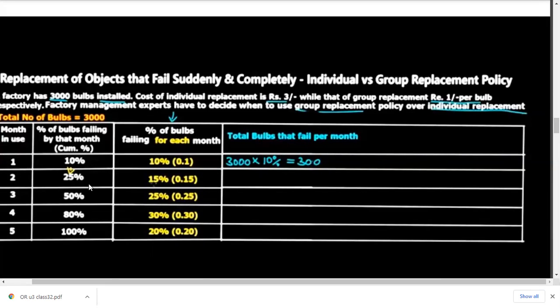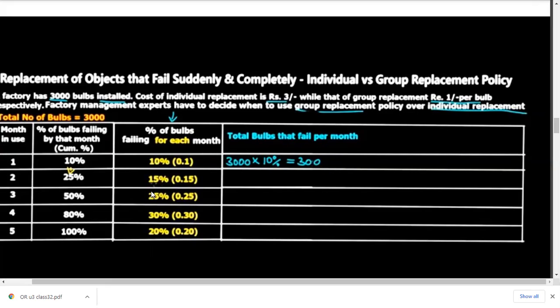We don't use the cumulative table; we convert it, and after that we consider this table and multiply with it. So 3000 into 10% is 300 bulbs. For the second month, 3000 is common, so 3000 into 15%. The second month is 15%.